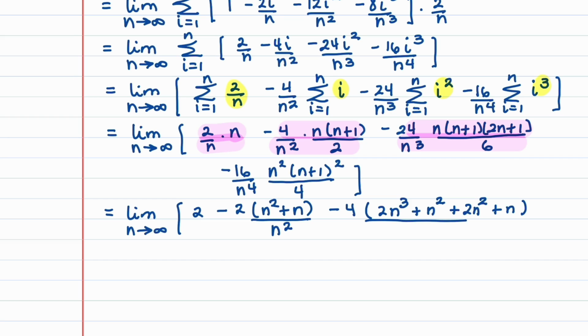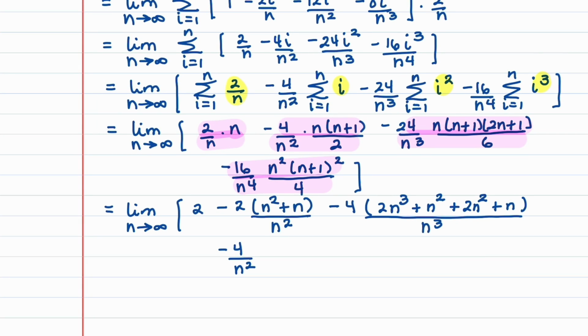And all of this is divided by n cubed. And then we have one more term, and that's right here. This is minus 16 over 4, so this is minus 4. I'm going to divide the n squared on top into the n to the fourth on the bottom. So we just have an n squared on the bottom. And then we have to square n plus 1. So this is n squared plus 2n plus 1.